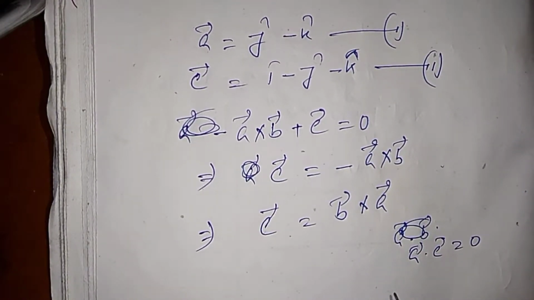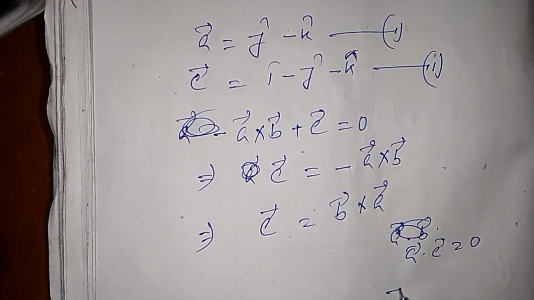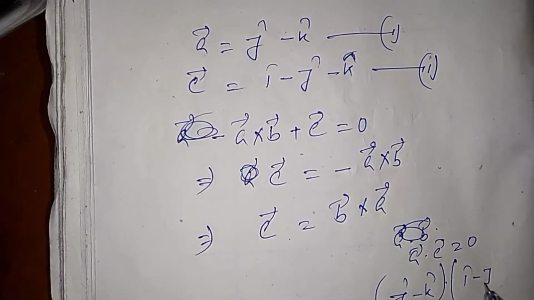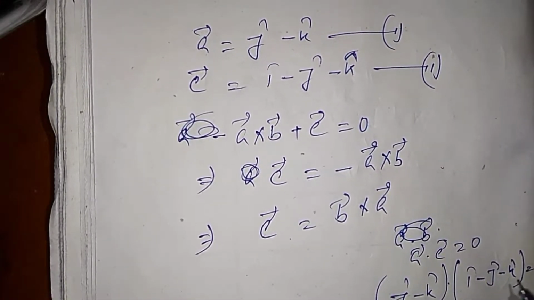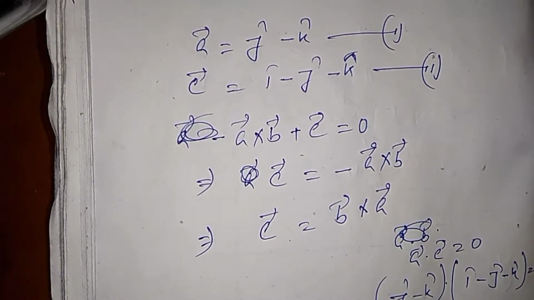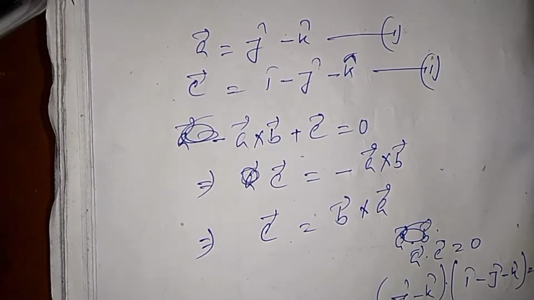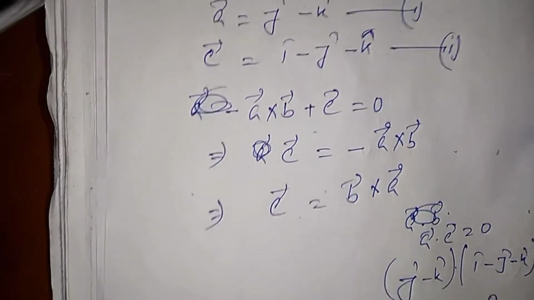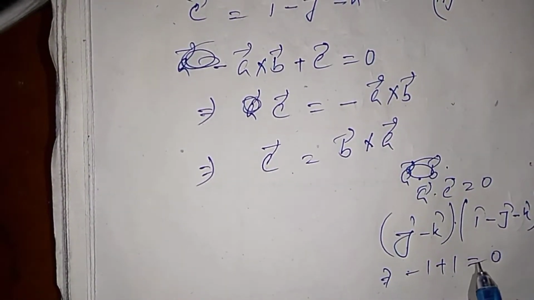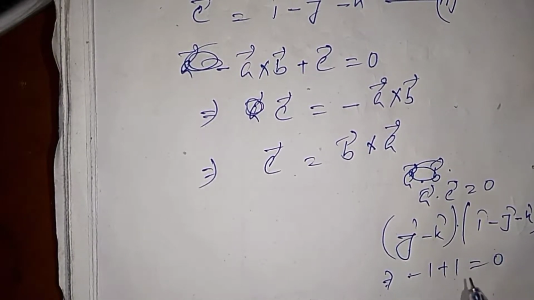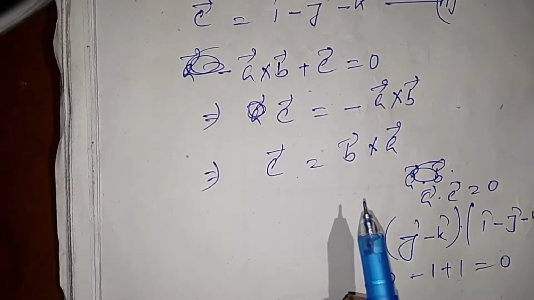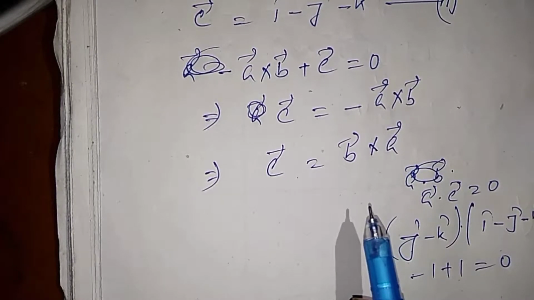I'm going to put the values of vector A and C: j cap minus k cap into i cap minus j cap minus k cap equals 0, which implies that minus 1 plus 1 equals 0. So this is satisfied.